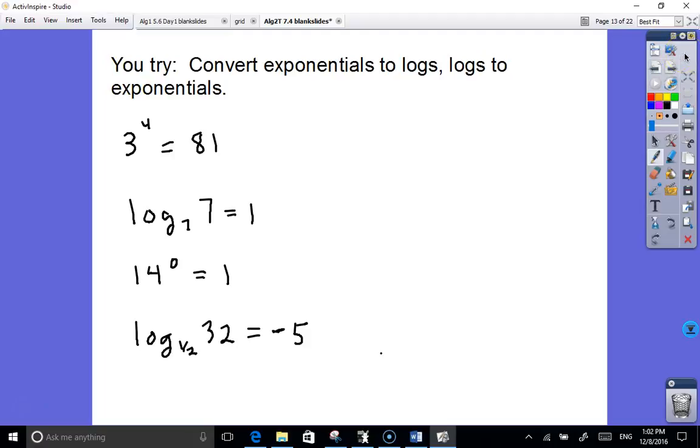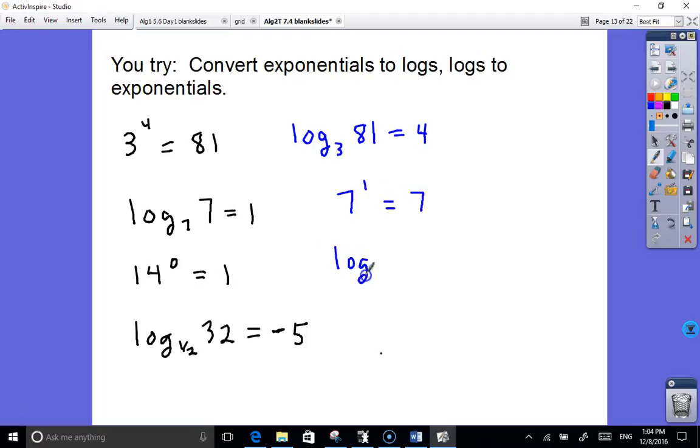You know, the exponentials, turn them into logarithms. The logarithms, turn them into exponentials. Okay, 3 to the 4th is 81. What's the logarithmic representation of that? Log base 3 of 81 equals 4, right? Log base 7 of 7 equals 1. 7 to the 1st equals 7, right? 14 to the 0 equals 1.